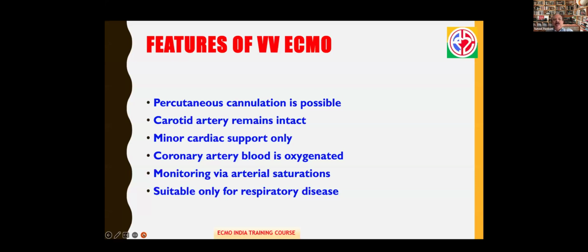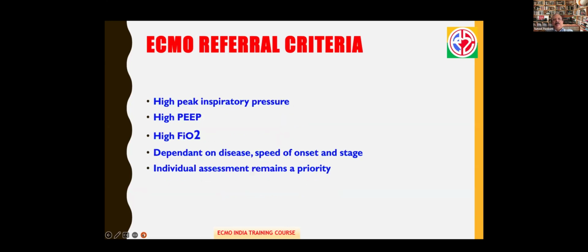So even though there is a mild need for inotropes, once the patient goes on to ECMO and gets oxygenated blood, the myocardium starts recovering and pumping normally. So your inotropic requirement will go down and you can stop as well. Coronary artery blood is oxygenated here, monitoring is via arterial saturations, and it is suitable for respiratory disease only, not for cardiac support.